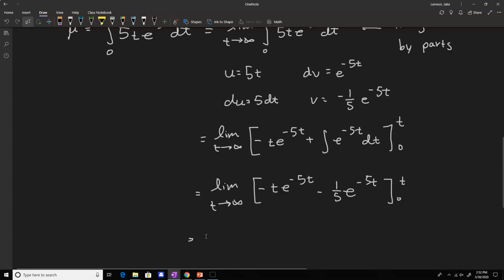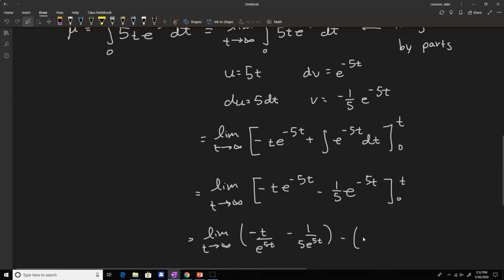So this ends up being the limit as t goes to infinity of minus t. So instead of e to the negative 5t, let's write that as over e to the 5t, and then minus 1 over 5e to the 5t. And then we want to subtract.